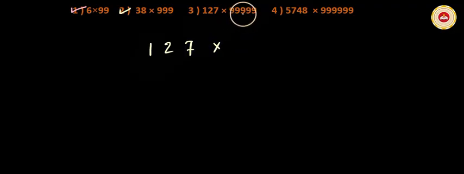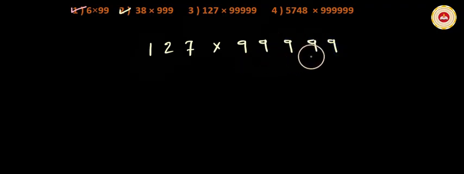Third example, 127 multiplied by 99,999. 127 multiplied by 99,999. 5 9s. So let us multiply.